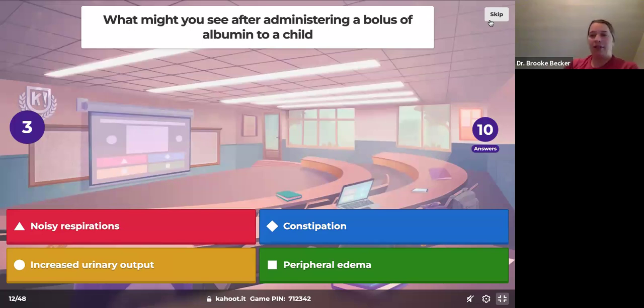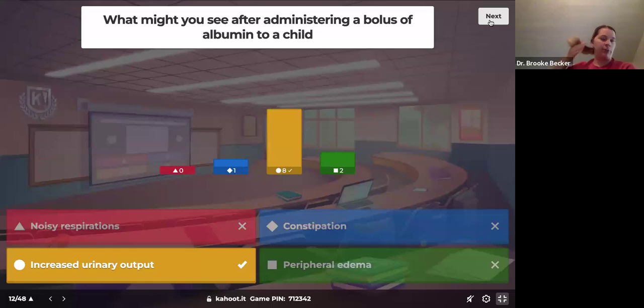Increased urinary output, because that's going to pull the fluid. If kids are getting albumin, they're usually retaining fluid and edematous. So by giving them albumin, the goal is to increase their urinary output. Good.